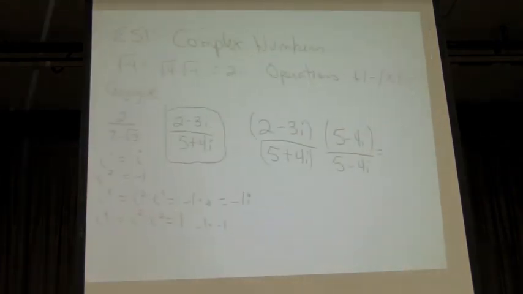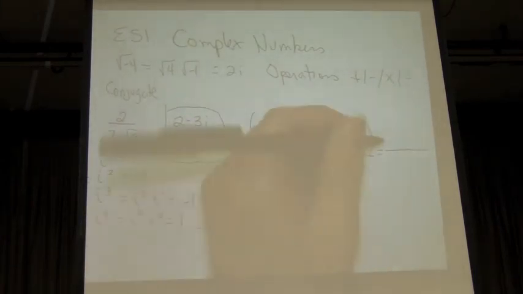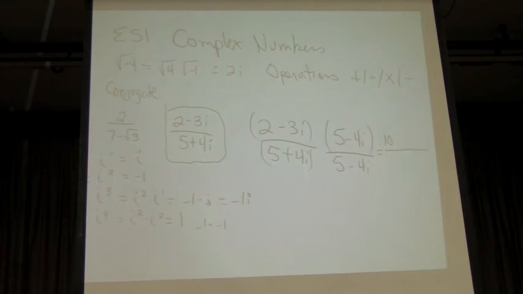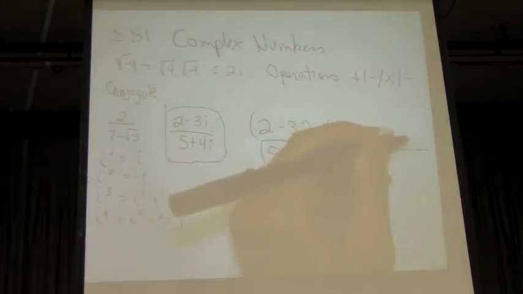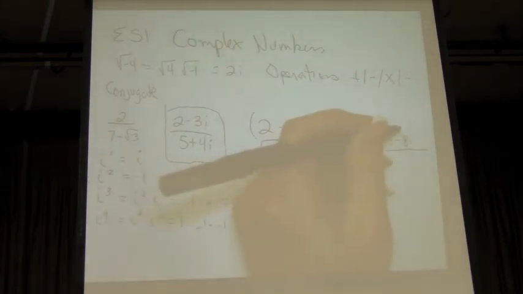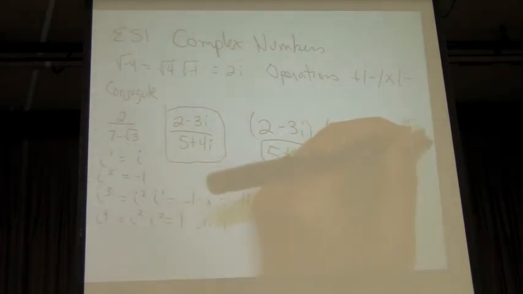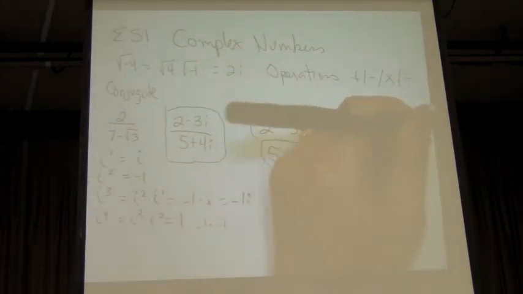This becomes a double FOIL problem, and in the numerator you have 2 times 5, 10, 2 times -4i minus 8i, -3 times 5 minus 15i, -3i times -4i, positive 12i squared.